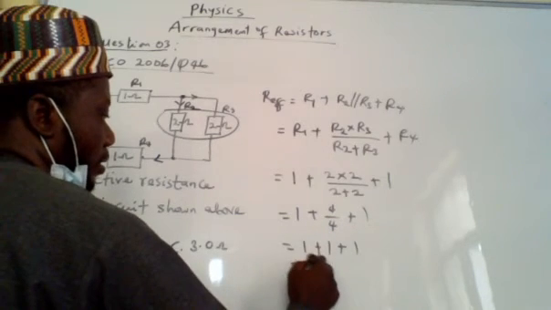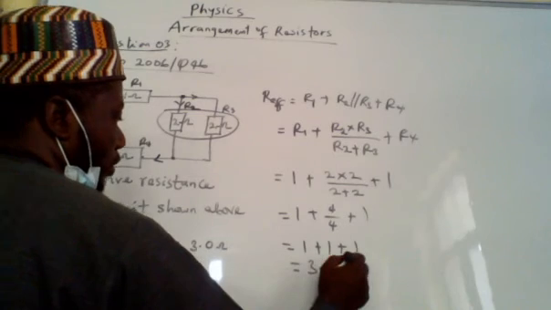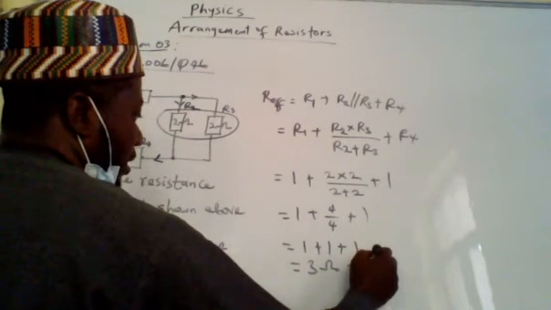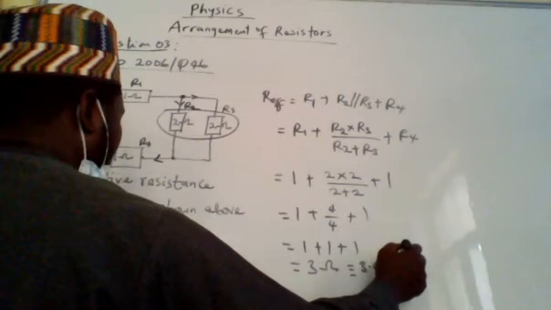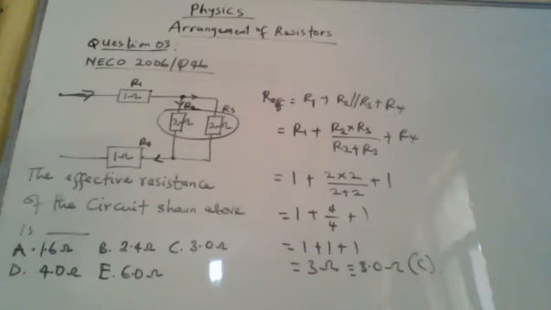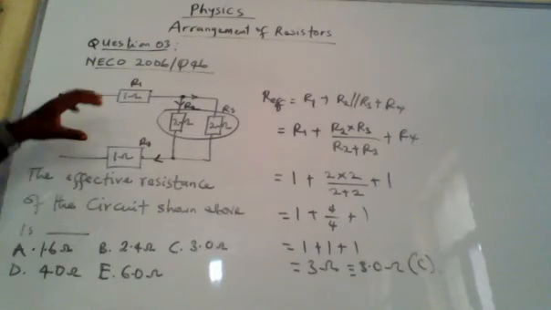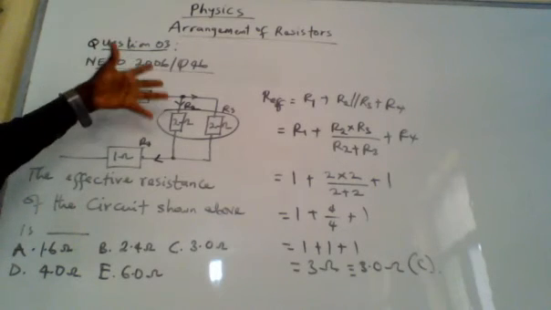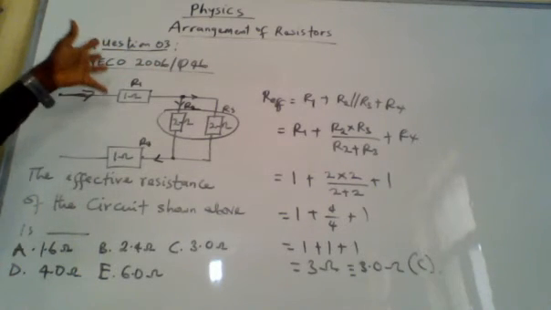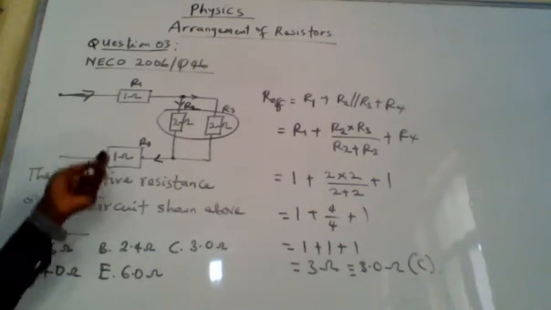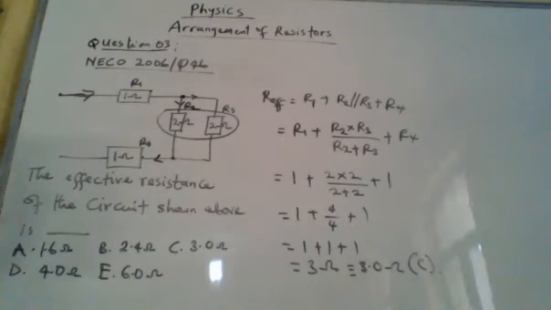That will give me 3 ohms, also known as 3.0 ohms. And the correct option is C. So the interpretation is just to identify which resistors are parallel and which resistors are in series. Okay, let's see if we can apply this knowledge in the next example.